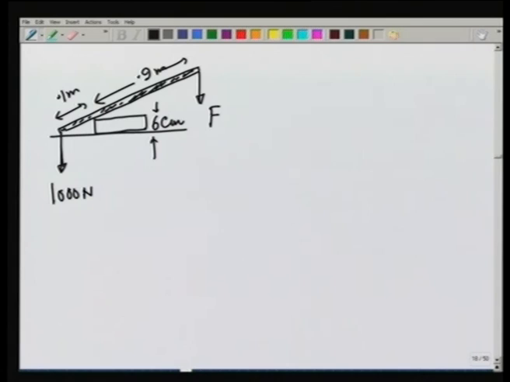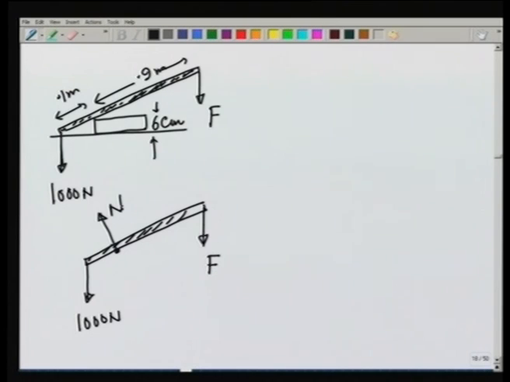What all would happen? Suppose initially I ignore the friction between the brick and the rod, then you can see that on the rod the forces that we are applying are number 1, the force downwards, number 2, the force downwards because of this load of 1000 newtons, and at this point the brick is going to apply a force perpendicular to the rod in this direction.